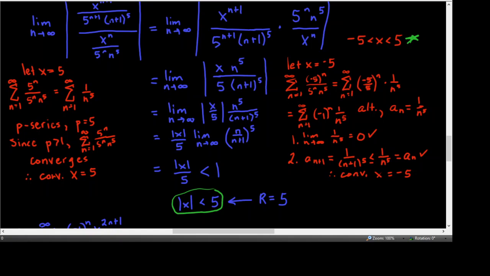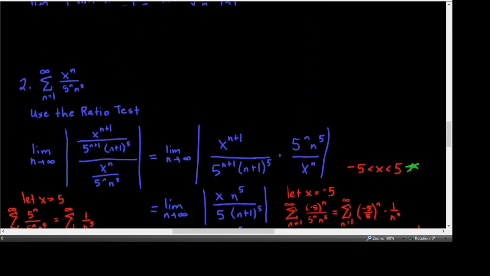And once we've determined that, in this particular case, it's convergent at -5, so we include -5 until we get to 5, and we found convergence there as well. So our interval of convergence goes from -5 to +5, including both endpoints.